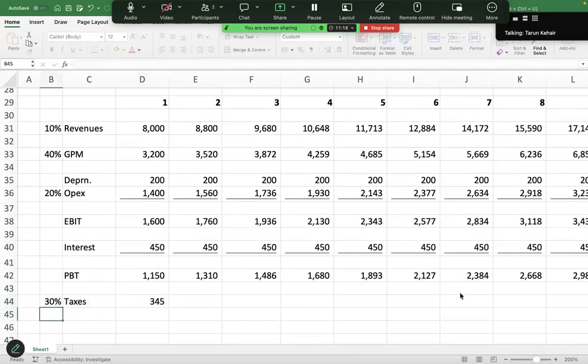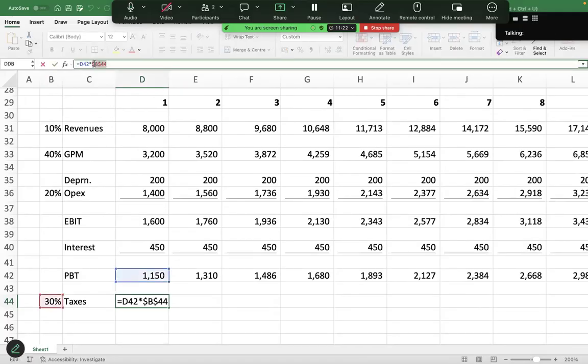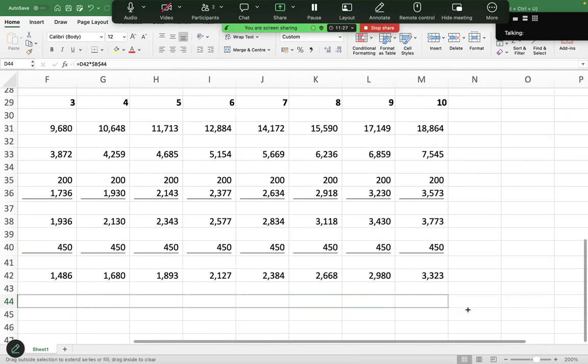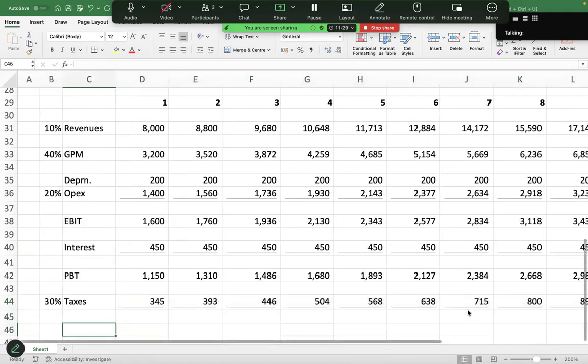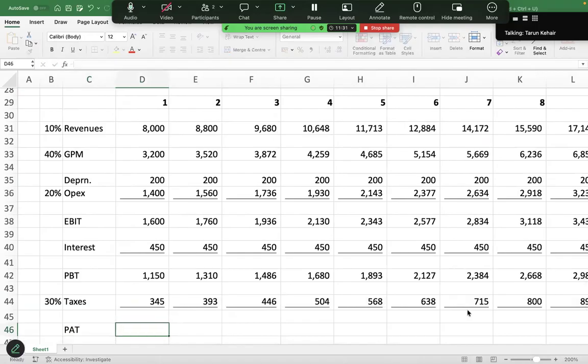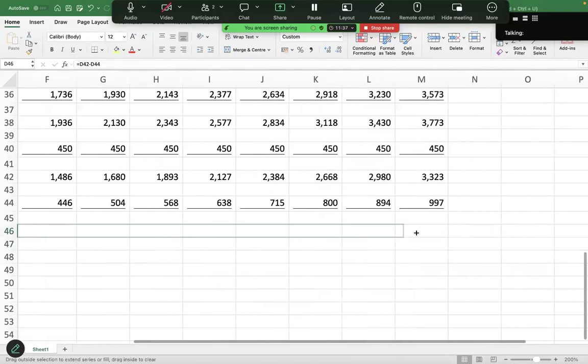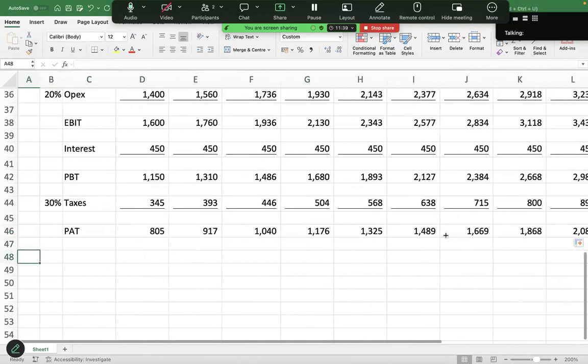So PBT into tax rate is your taxes. Reduce that, you will get your PAT or net income. ये आ गया आपका नेट इनकम, करेक्ट? जस्ट सी इफ यू आर गेटिंग द सेम नंबर्स.